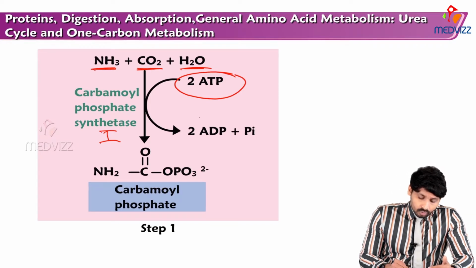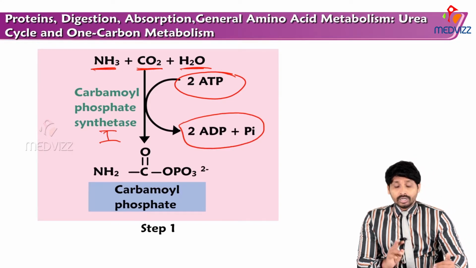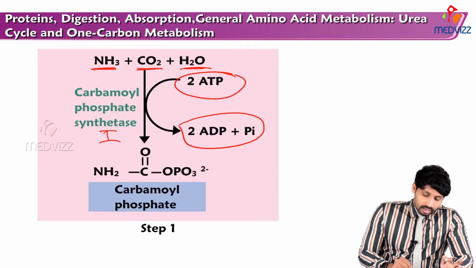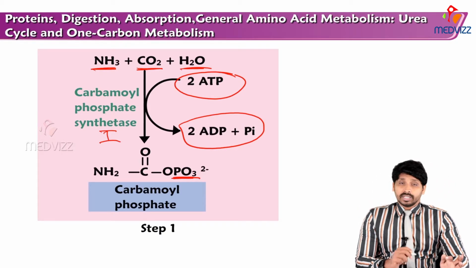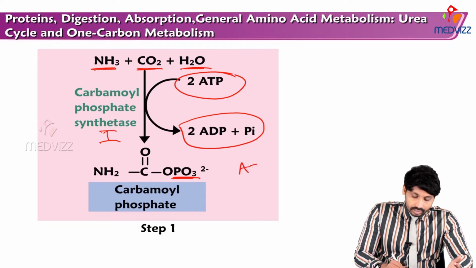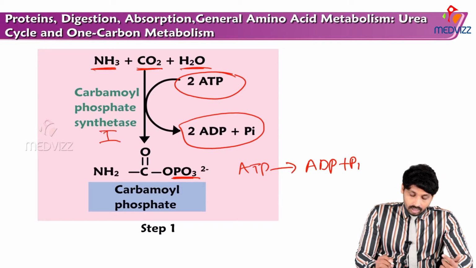In the making of 2 ADP plus Pi, actually 2 Pi should be there. But one Pi is already added to the carbamyl group to form carbamyl phosphate. So one ATP is converting into ADP plus inorganic phosphate, and in the same way one more ATP is also converting into ADP plus Pi.